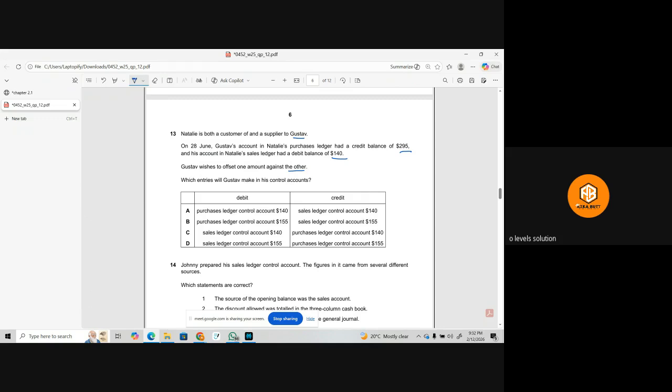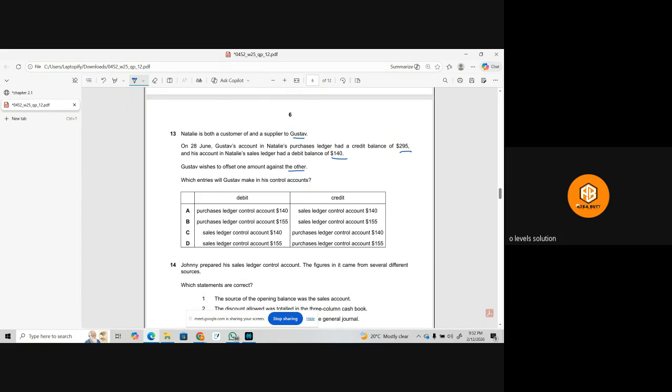So basically, Natalia is both a customer and a supplier to Gustav. So the purchase ledger should have a credit balance of 295, which is already described here. But Gustav wants to offset the smaller balance against the ledger, so the amount that can be offset is $140.